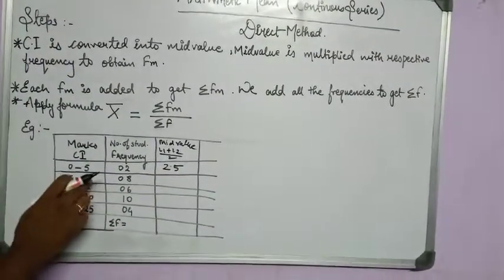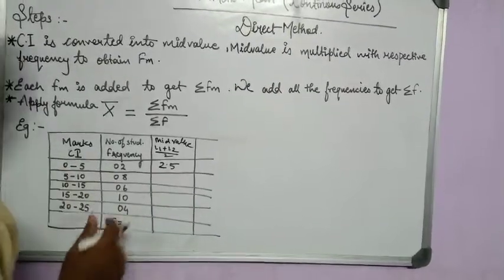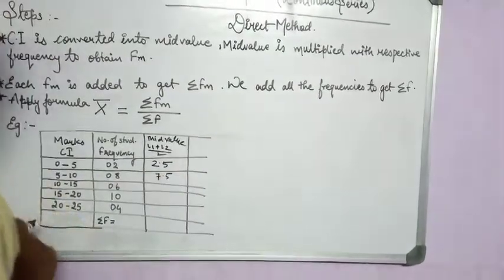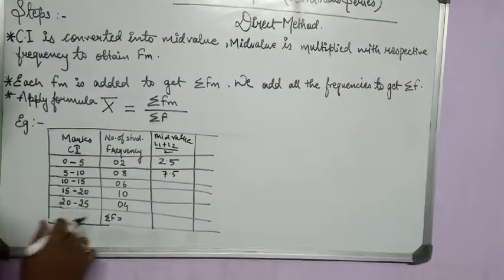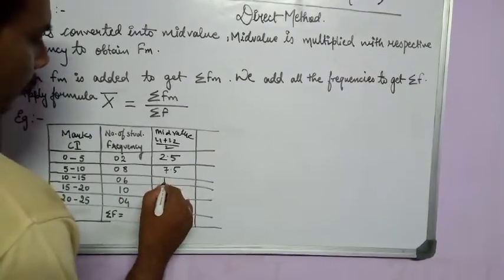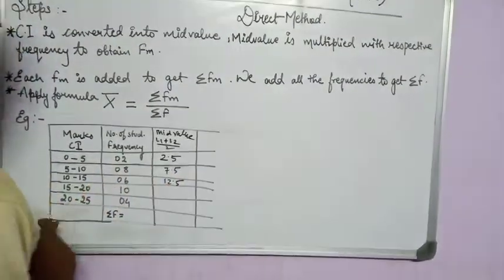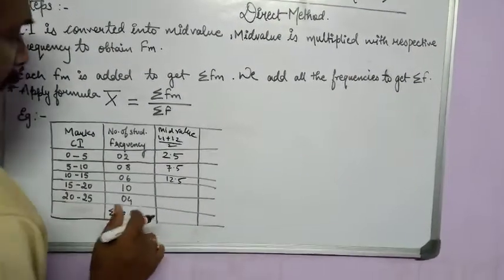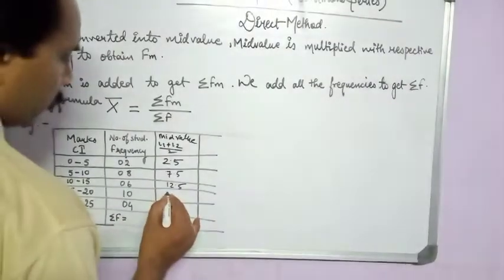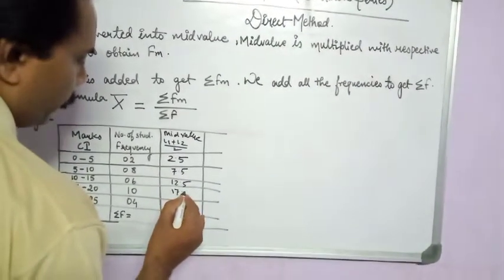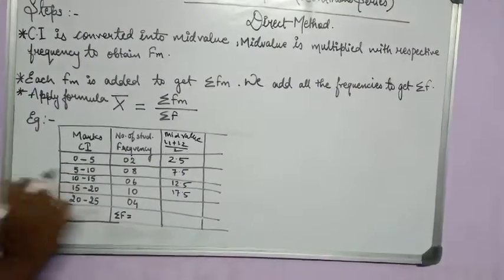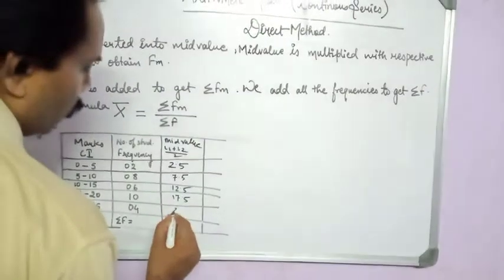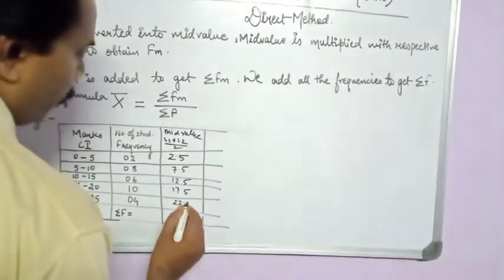Next, 5 plus 10, 15, 15 divided by 2 is 7.5. Next, 10 plus 15 is 25, that is 12.5. Next, 15 plus 20 is 35, so 17.5. 20 plus 25 is equal to 45, means 22.5.